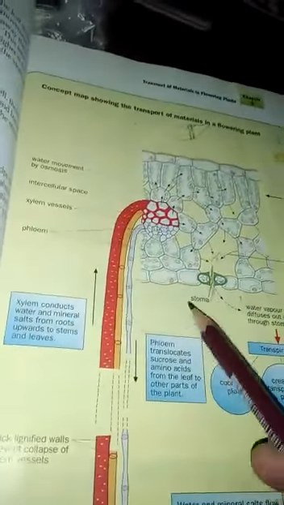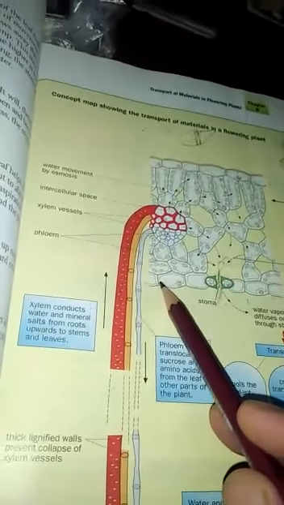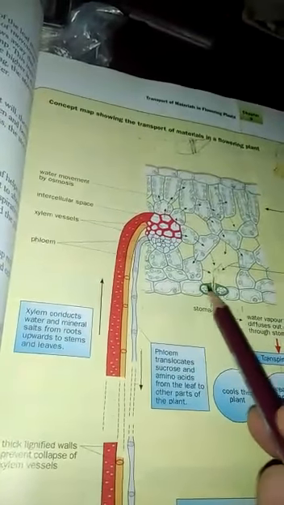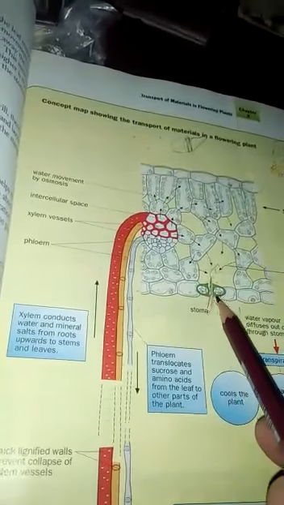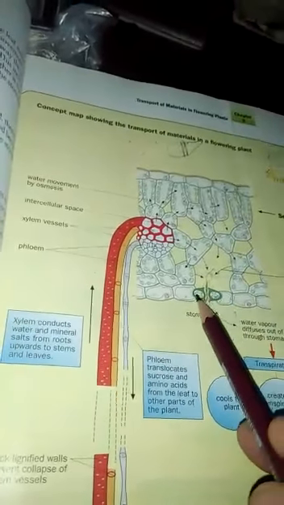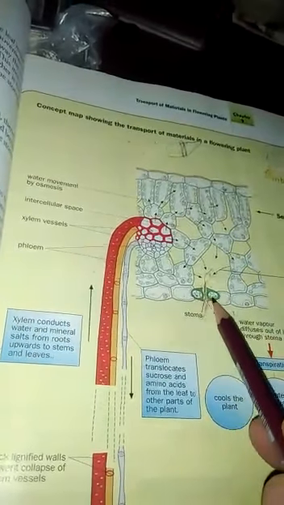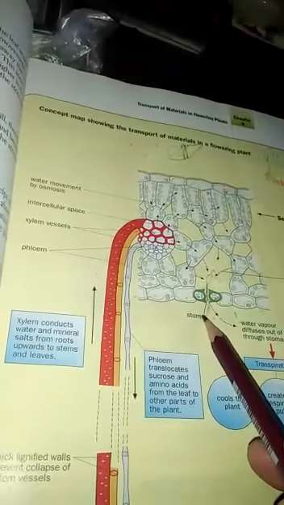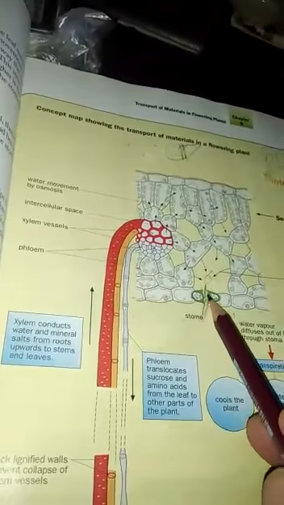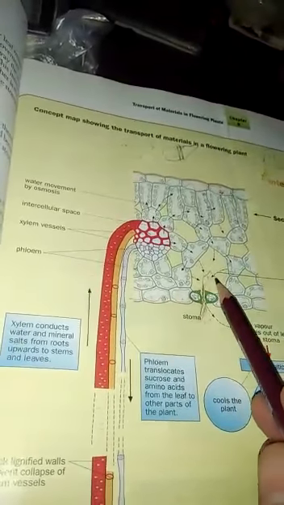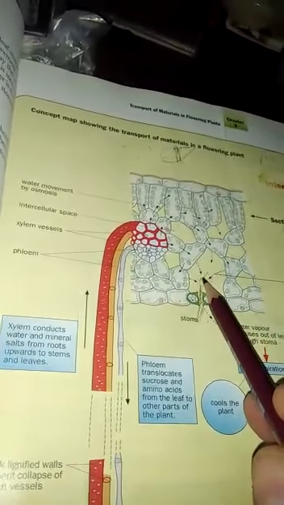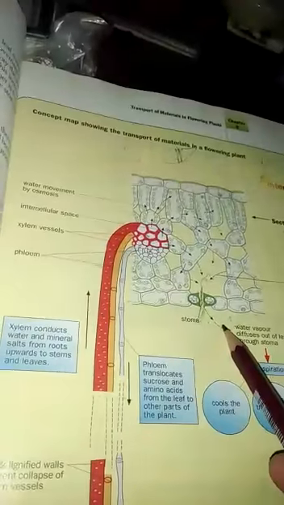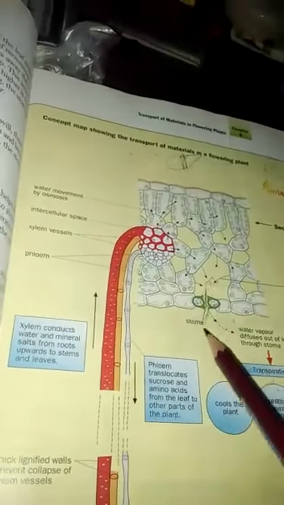Okay. In the lower epidermis, you have seen these two types of cells. These are called guard cells. These cells are responsible for the opening and closing of the stomata, right? It is the stomata. With the help of the stomata, carbon dioxide enters the leaves and oxygen is released from the leaves, right?